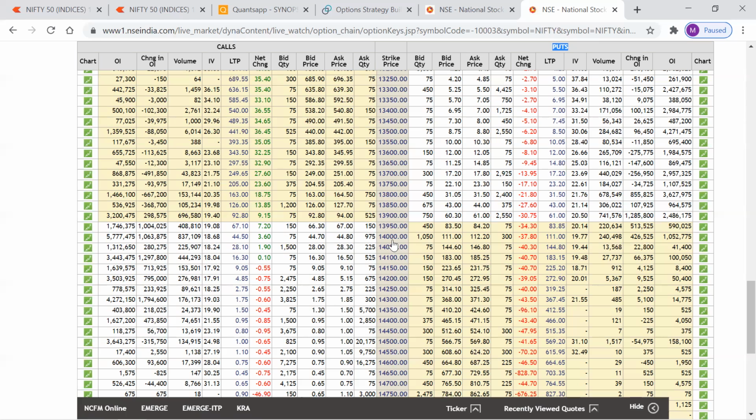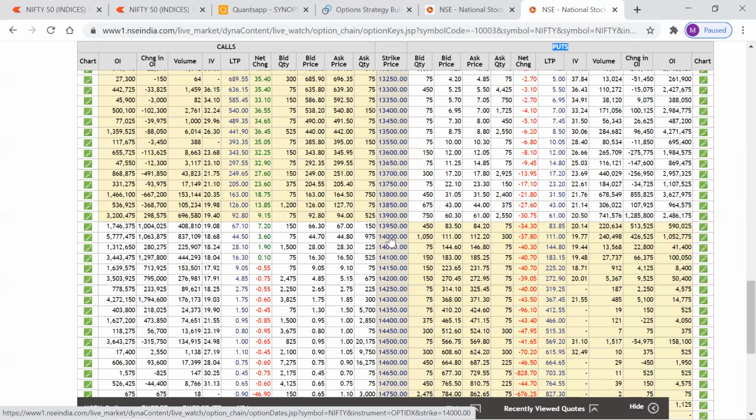If you are estimating that Nifty will cross 14,000 before 31st of December, that means you are bullish, and you can buy a call or sell a put. If you want to buy the call, you need to pay the premium, because buying a call means you are buying an option. You are an option buyer. If you are an option buyer, you need to pay the premium, and if you pay the premium, you will get the right.